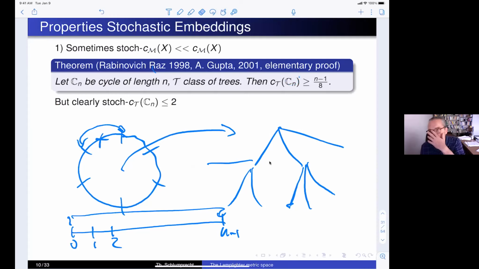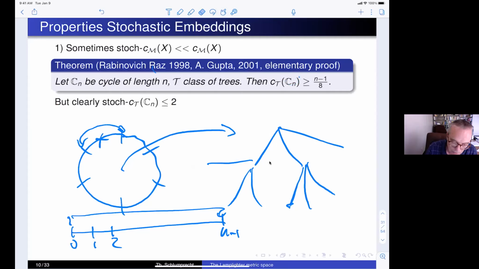So it's n, more or less, a multiple of n. Nevertheless, it is clear that the stochastic embedding of a circle of length n is always smaller than 2, because what you can do is this cutting map.